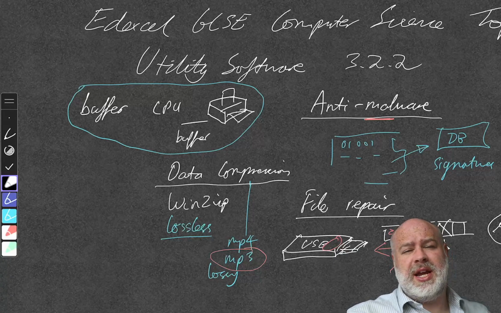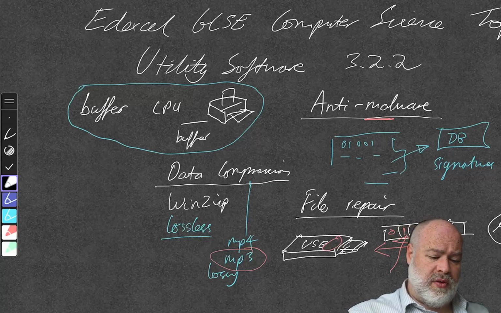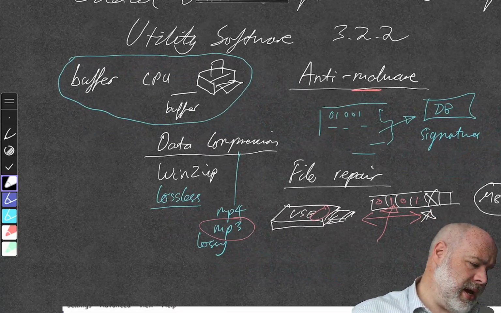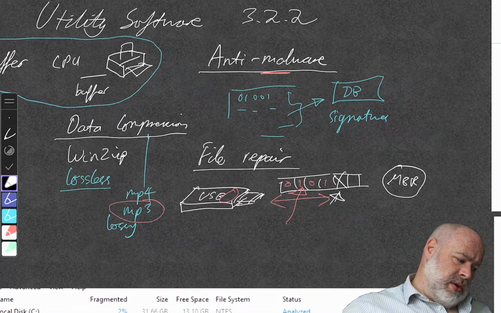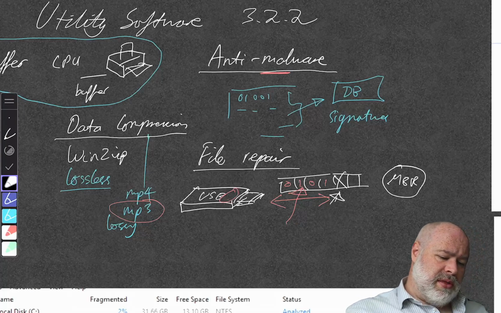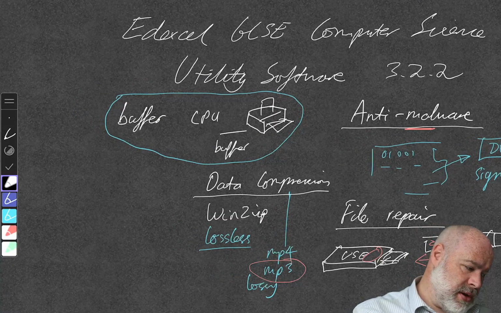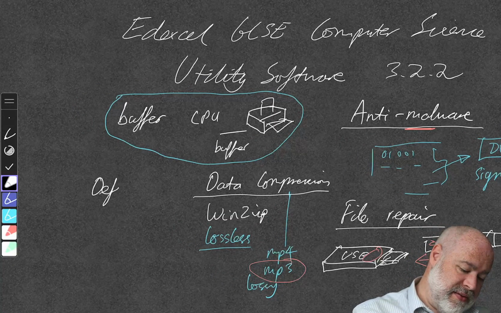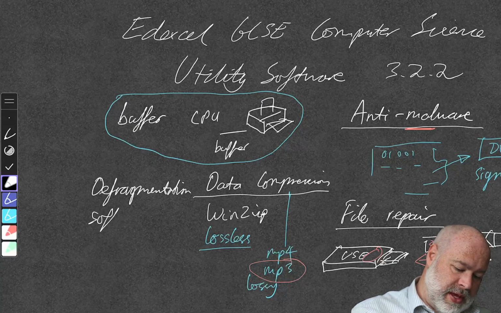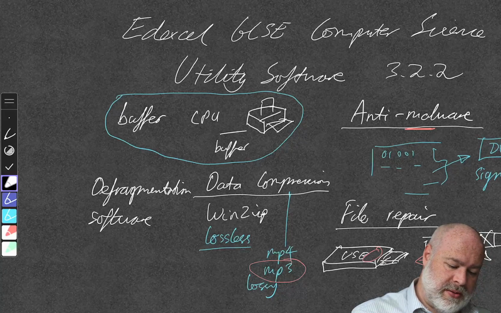We don't really need to have a lossless format for that. So I would say that's covering most of the main ones. The biggest one that we need to cover, and we're going to take some time to go over it, is defragmentation software.